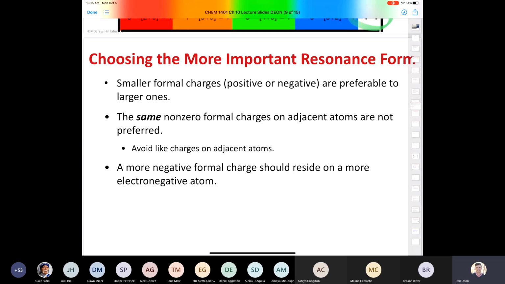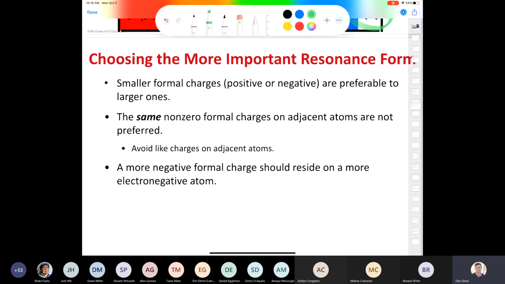So here are the rules. Smaller formal charges, whether they be positive or negative, are preferable to larger ones. So if you can have a resonance structure where you have a +1 charge and a -1 charge, something like that, that would be preferred, right?